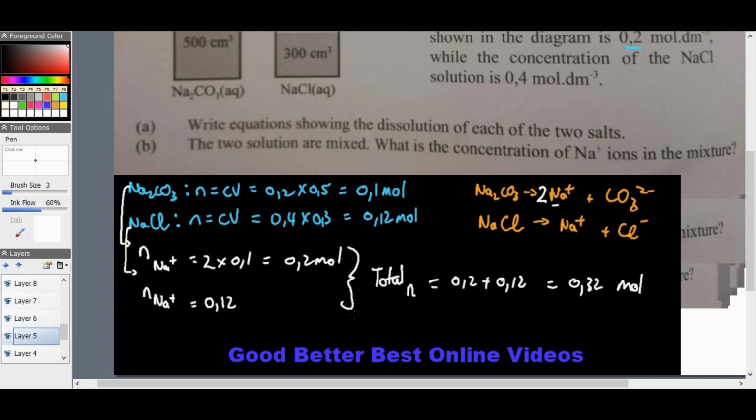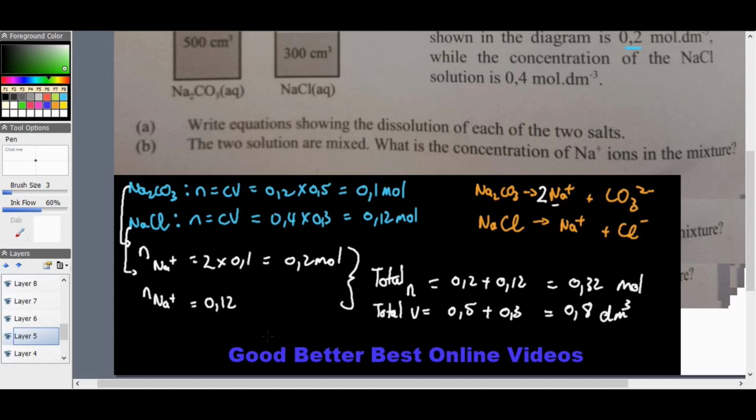The total volume is the 500 cubic centimeters mixed with the 0.3 decimeters cubed, so 0.5 plus 0.3, which gives us a total of 0.8 decimeters cubed.